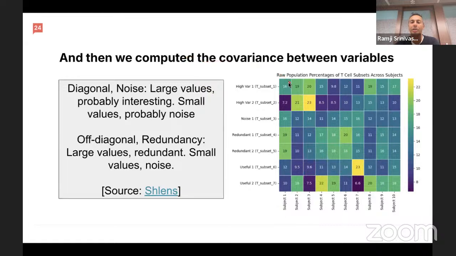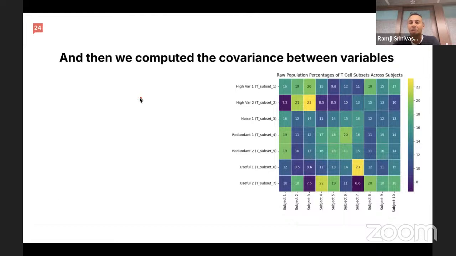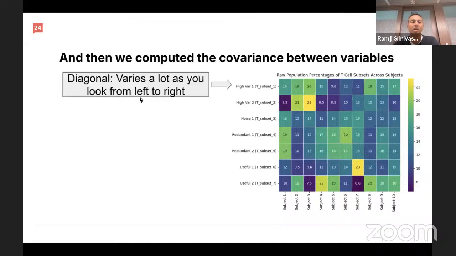So remember, on the diagonal of that covariance matrix, large values are interesting, and off diagonal shows redundancies, so large values are redundant and small values are noise. So these are the raw population percentages of T cell subsets across subjects.